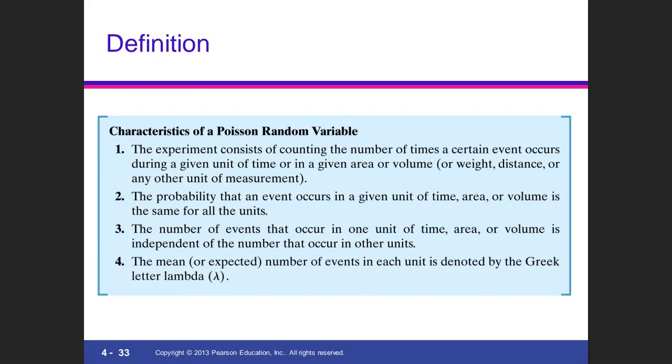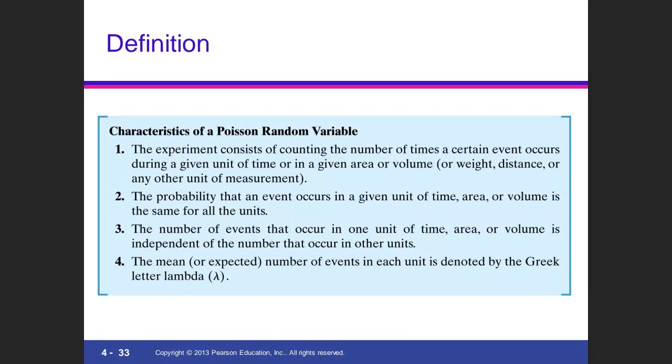The probability that an event occurs in a given unit of time, area, or volume is the same for all units. It's constant. The number of events that occur in one unit of time, area, or volume is independent of the number that occur in other units.